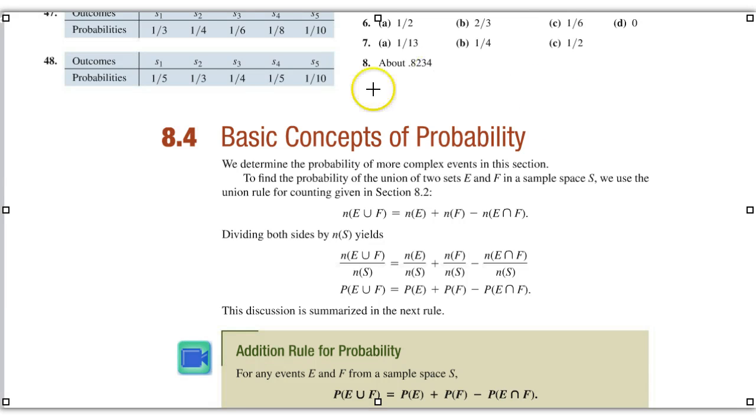Now, in the previous section, section 3, we had some general things about probability, and we're going to dig into it now a little bit more. In fact, if you remember from section 8.2, if we have a union between sets E and F, we have to subtract those that intersected so that the numbers wouldn't be counted twice.